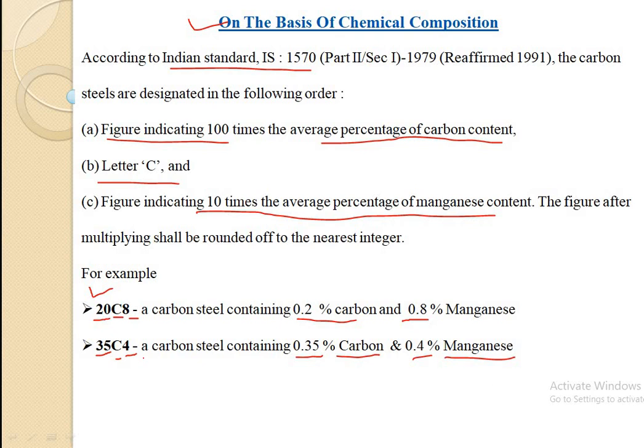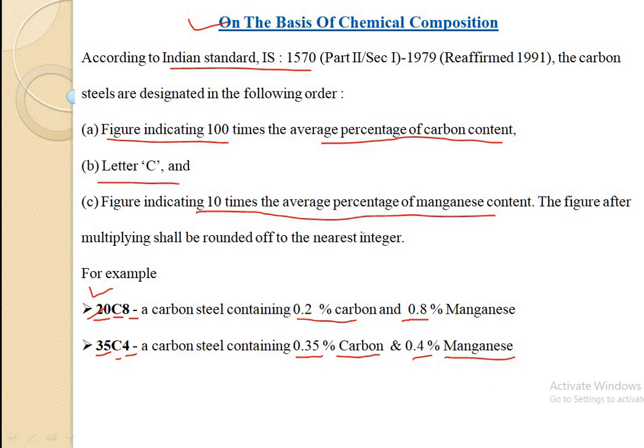So if this is the steel, then we can read the information as a mild steel or carbon steel containing 0.35 percent of carbon and 0.4 percent of manganese. Here, 20C8 is a carbon steel or mild steel containing 0.2 percent of carbon and 0.8 percent of manganese. Divide the first figure by 100, the letter C is for carbon, and divide the last figure by 10, which indicates manganese.